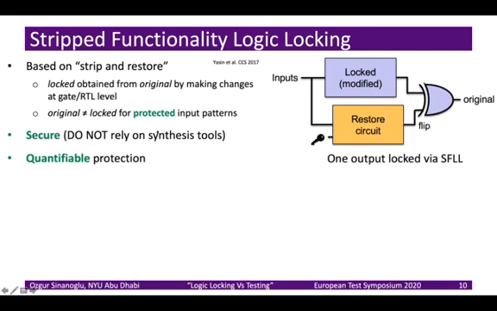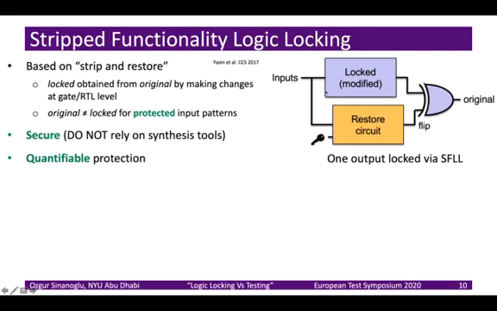And we showed that this kind of a scheme is resilient against a variety of attacks, but then there were some vulnerabilities discovered later on because the way we produced the locked netlist from the original netlist was based on relying on existing synthesis tools, which are not security aware, and they were basically revealing some clues about the changes that we were implementing on the original netlist to get the locked netlist.